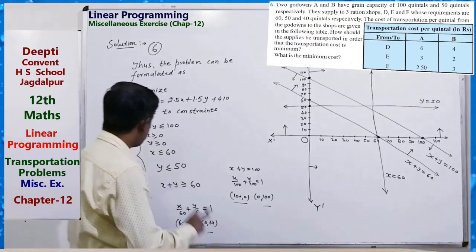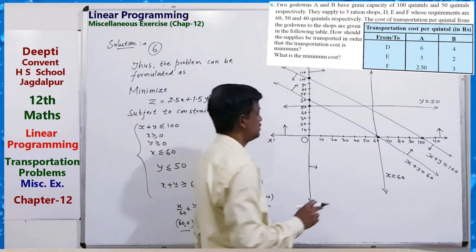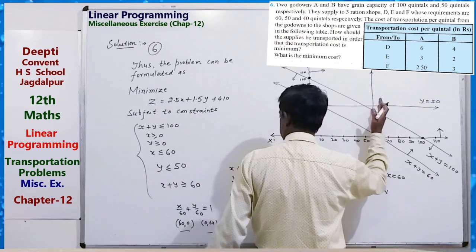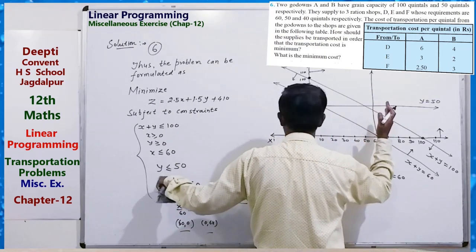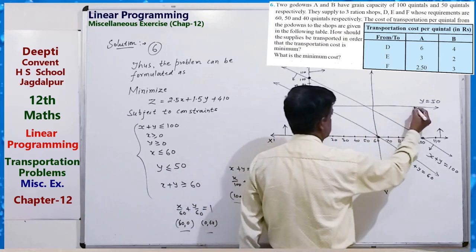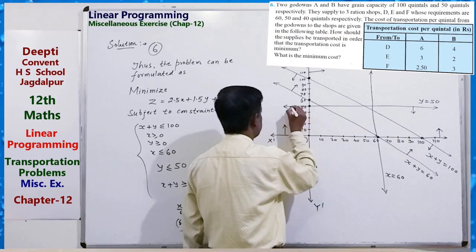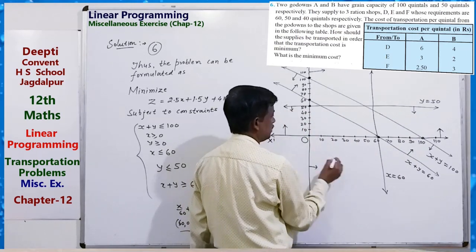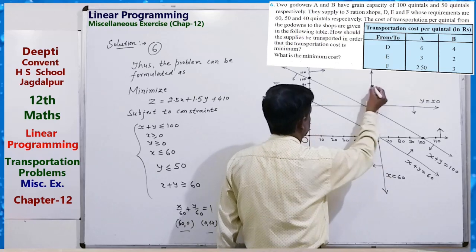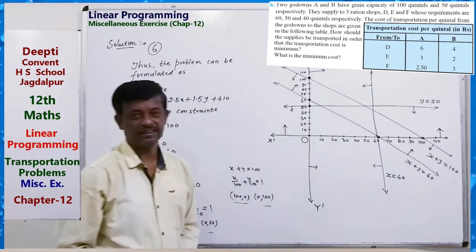Also, x is less than or equal to 60. The origin satisfies this, so the origin side. And y less than or equal to 50, 0 satisfies, so the origin side.